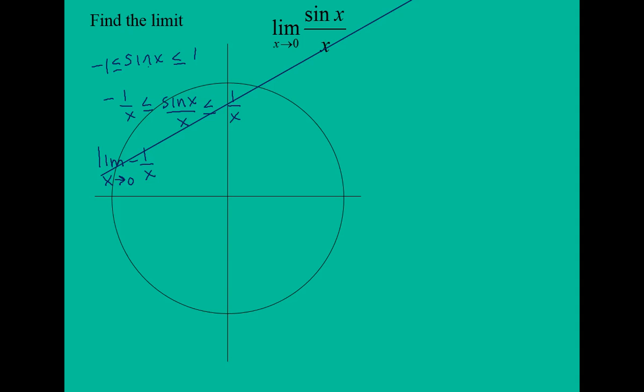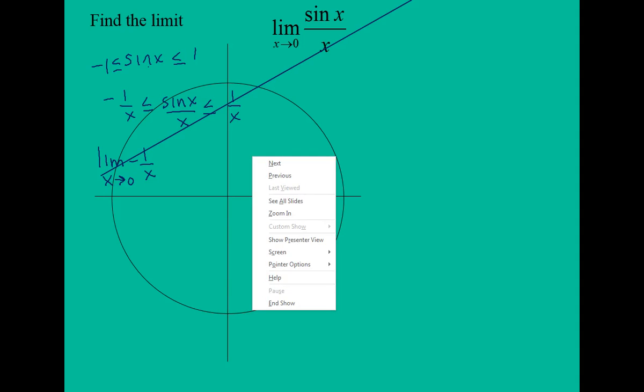The one-sided limits do not equal each other, and one goes off to infinity, the other to negative infinity. So we don't get anywhere using that technique we used in the last slide.